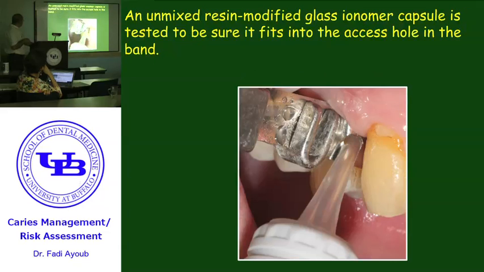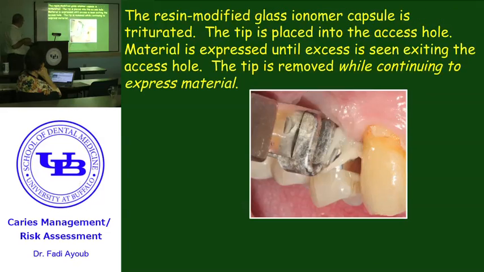Then you mix the glass ionomer, whatever it is, and go inside with the tip, and fill it all over, and as you pull out, you keep on filling as you're pulling out. The tip is removed while continuing to express the material.